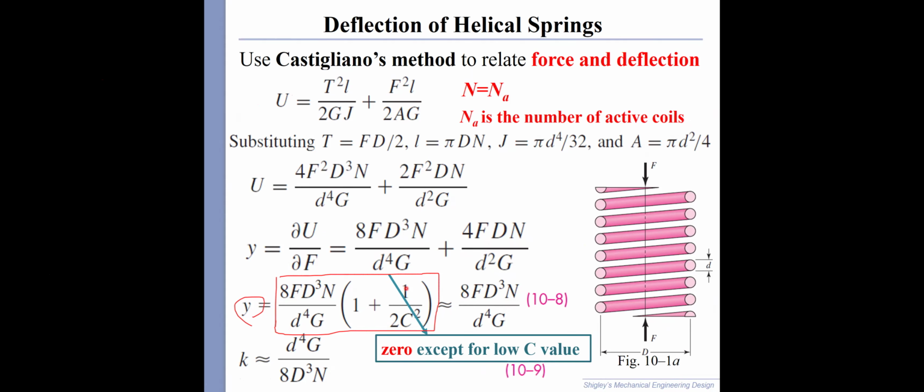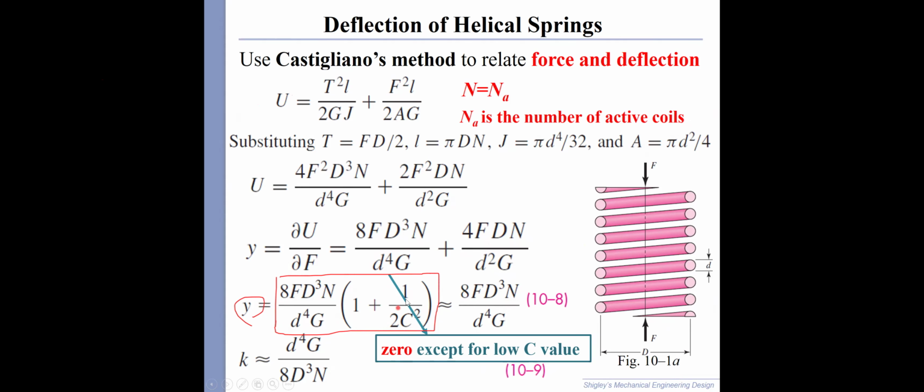It approaches zero because, as I mentioned previously, the spring index C is between 4 and 12. It can be 5, 6, 7, 8, 10, 11, 12, and so on. So no matter what, the term 1 over 2C squared is close to 0 compared to unity.